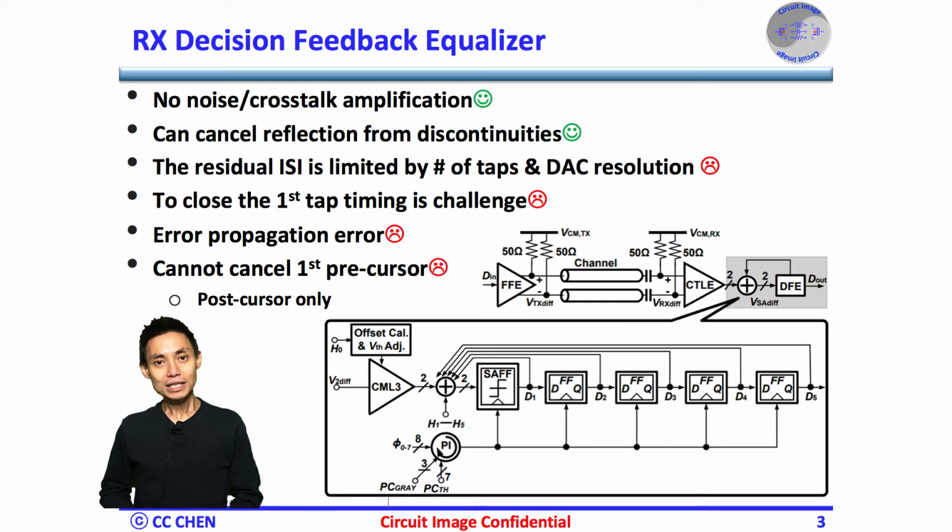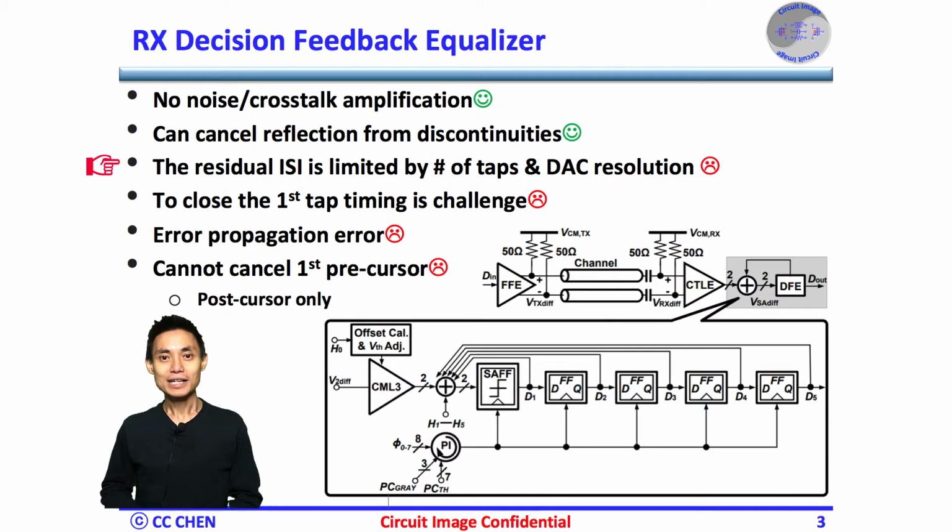Before any interesting images, let's understand the decision feedback equalizer, DFE, further. If the DFE makes the right decision, it not only cancels the reflection from the discontinuities, but is also free from noise or crosstalk amplification.